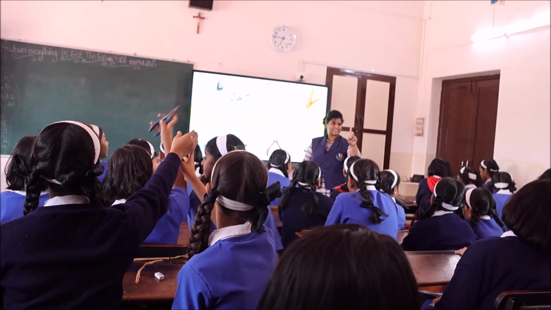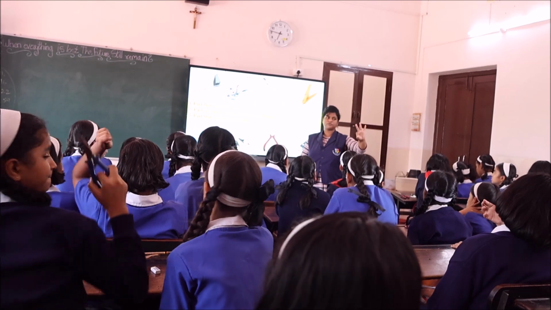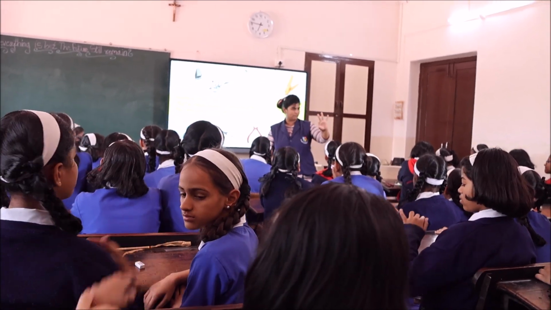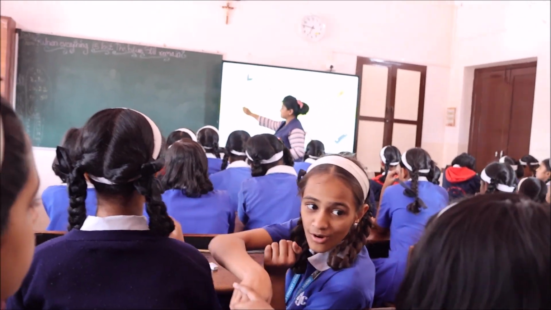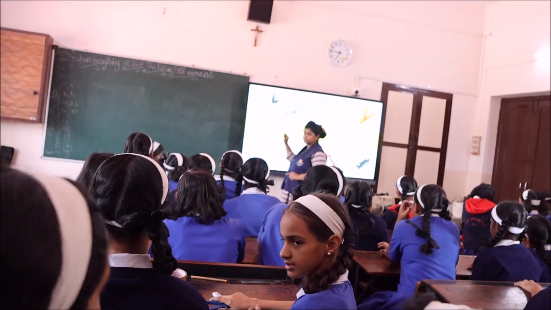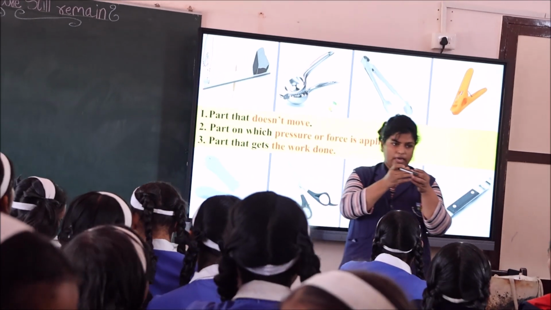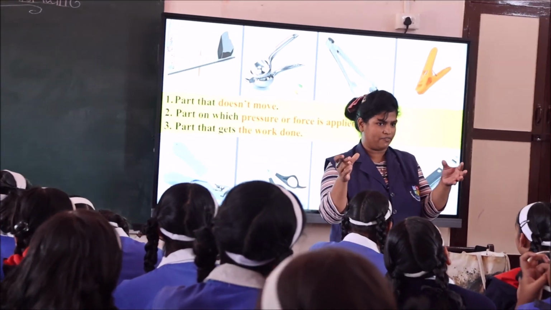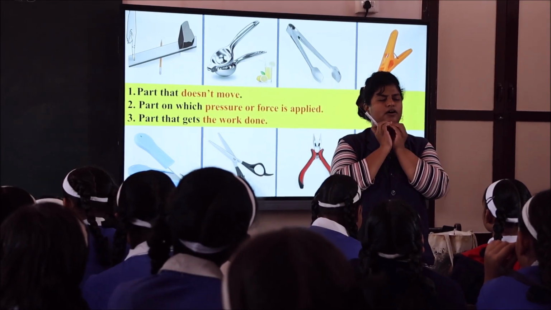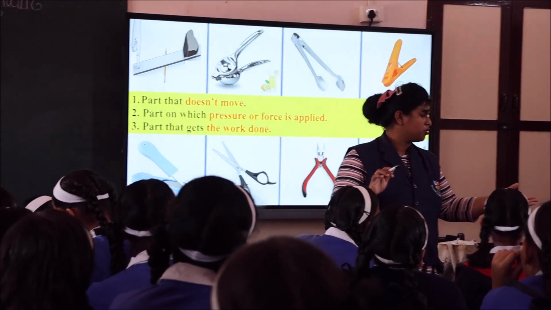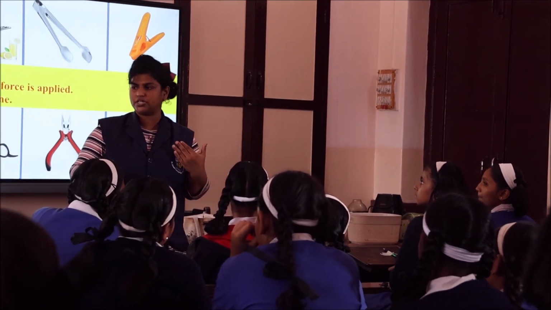Now, first thing, there are 3 things you have to find out. The first thing, find a part that doesn't move. In that tool that you have, there is one particular part. Darlings, I request you to first please pay attention.